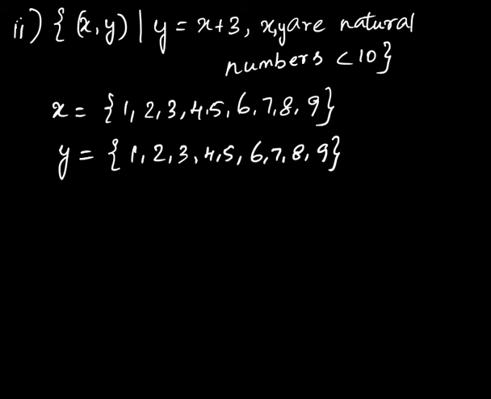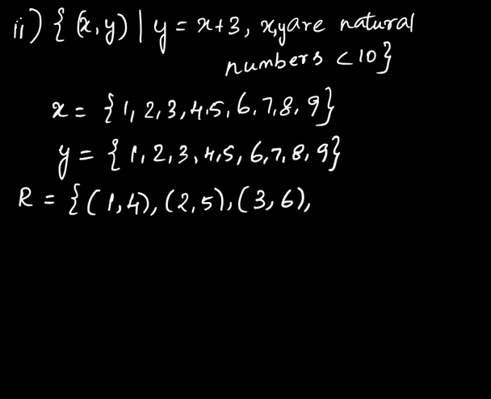So next we will write the relation. So the relation they have defined as y = x + 3. So take the first value 1, add 1 plus 3. So 1 plus 3 is 4. Next will be number 2. 2 plus 3, 5. For 3 you will get 6. For 4 it is 7. For 5 it's 8.